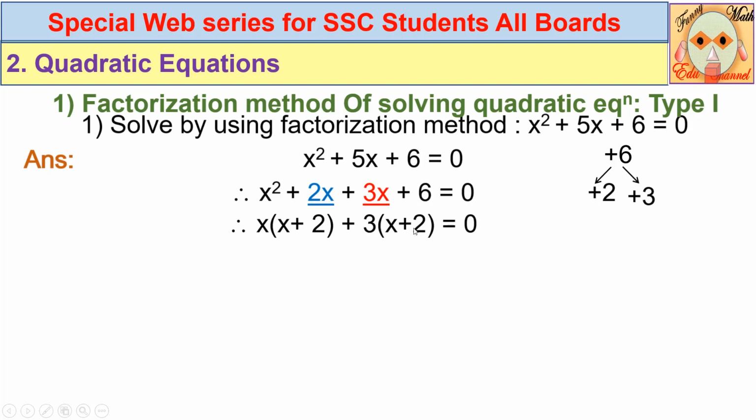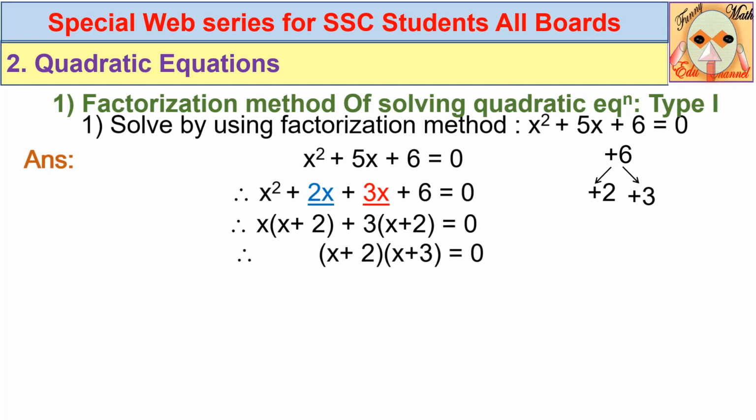So we have here 3 into bracket x plus 2 bracket completed equal to 0. Now here there are two terms only. This is the one term, this is the second term. Between these two terms you observe the bracket x plus 2 is common.